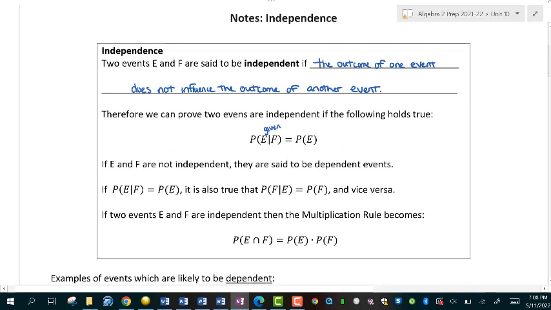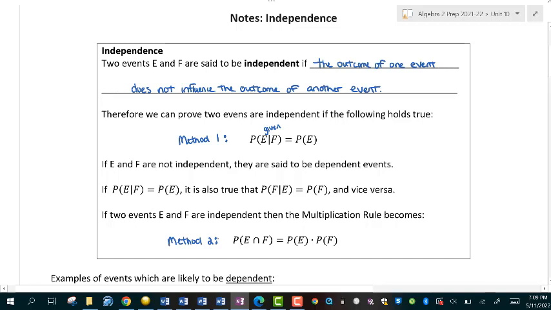There's one other way to prove independence, and that's using the multiplication rule. So this is your first method. And then here's your second method. We'll call it method 2.